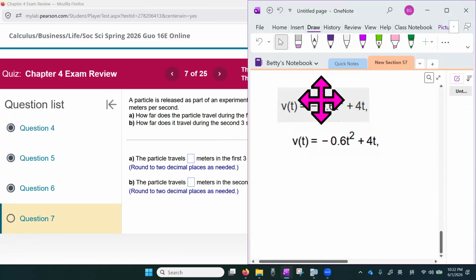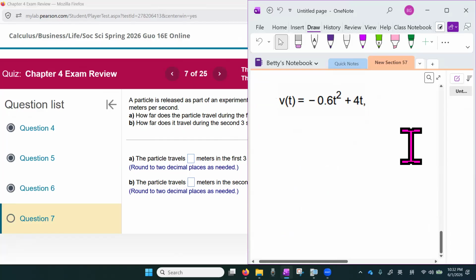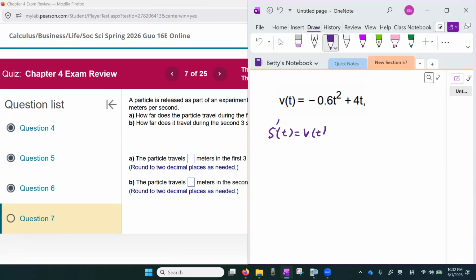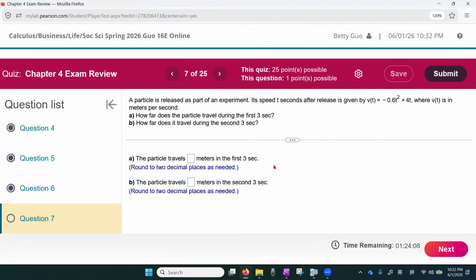Do you remember the relationship between the distance function and velocity function? S prime t is v of t, okay? So we're looking for the accumulating distance. So we're looking for the integral, the first 3 seconds. Read it again. The particle travels how many meters in the first 3 seconds? It's important to check the unit.